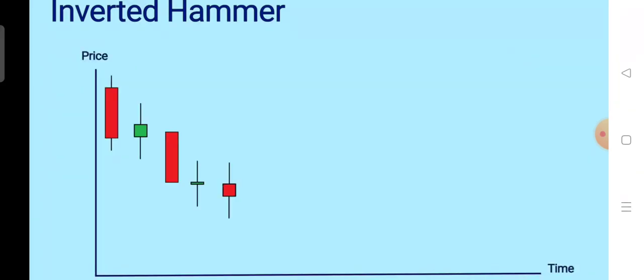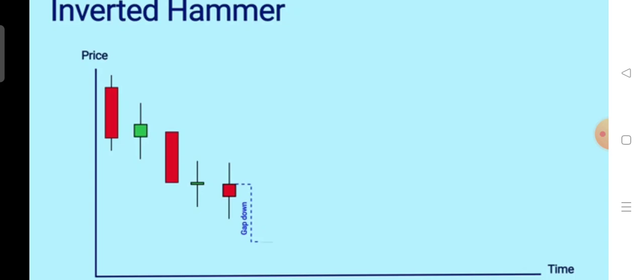Now we have studied the hammer. The inverted hammer is much like that. How does it happen? You need to have a predefined downtrend. Then on a particular day the price should gap down, open, and then the buying pressure should set in.